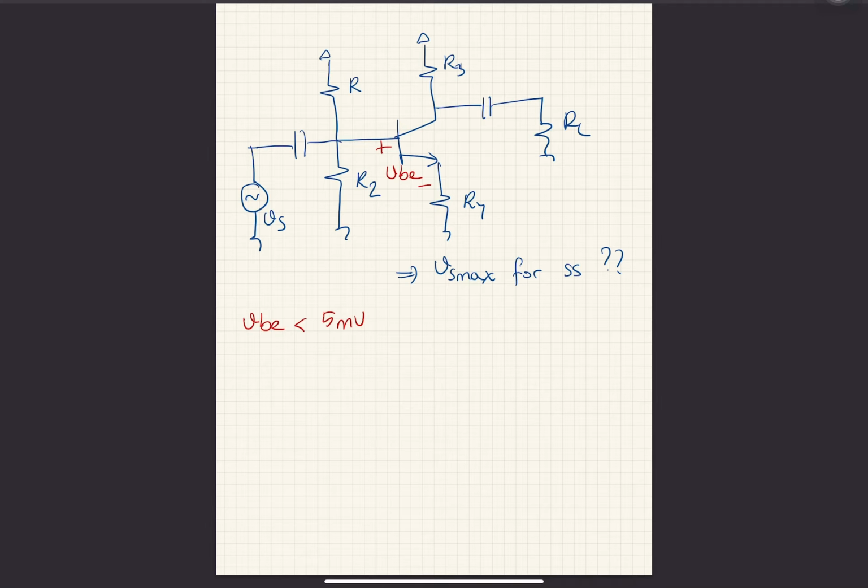If you imagine the T model in here, you can see that I have small RE in here and R4 in here. Or you have R pi in here and reflected value of R4 in here, beta plus 1 R4. Both of them will result in the same thing.